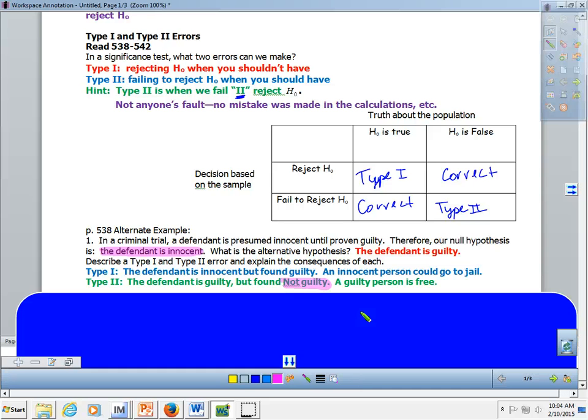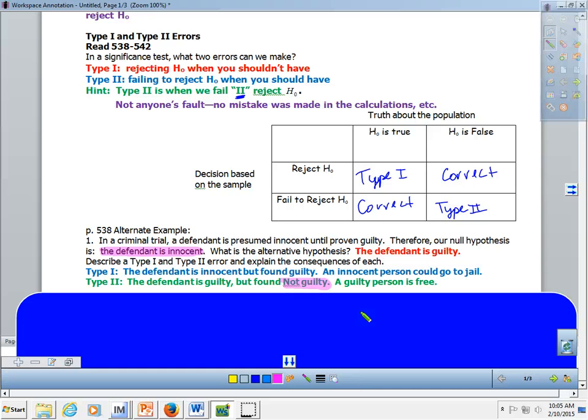All right. Now, which of those two is worse? We discussed that a type 1 error here is probably more egregious. And so in our legal system, we try to block for that type of error. An innocent person could go to jail. We don't want to do that. So we do make it a little bit harder for a jury to reach a guilty verdict, right?